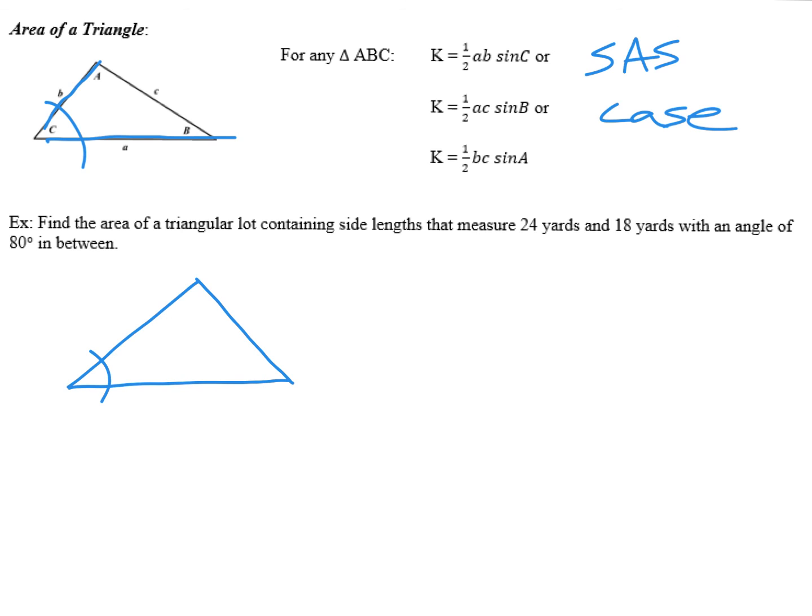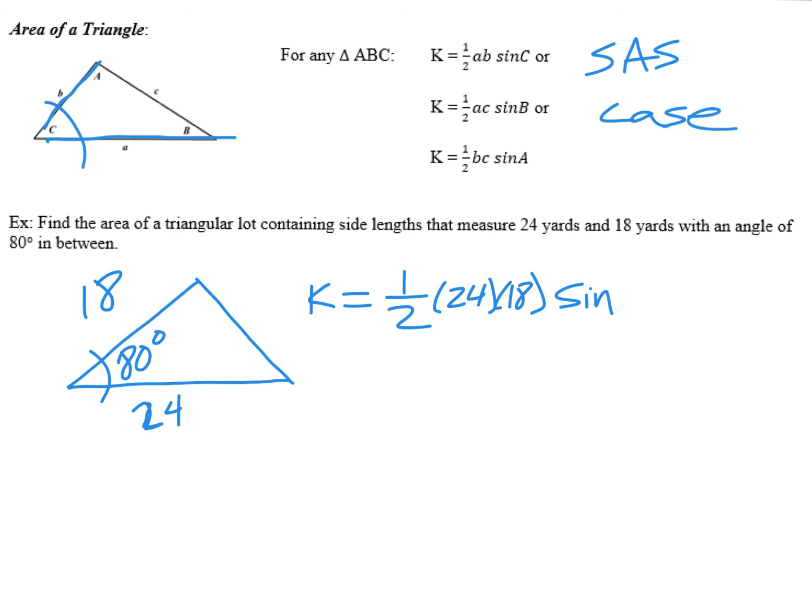So based on the diagram, here's what we have. 80 degrees. This side is 18, this side is 24. So we'd have 1/2 times 24 times 18 times the sine of 80.